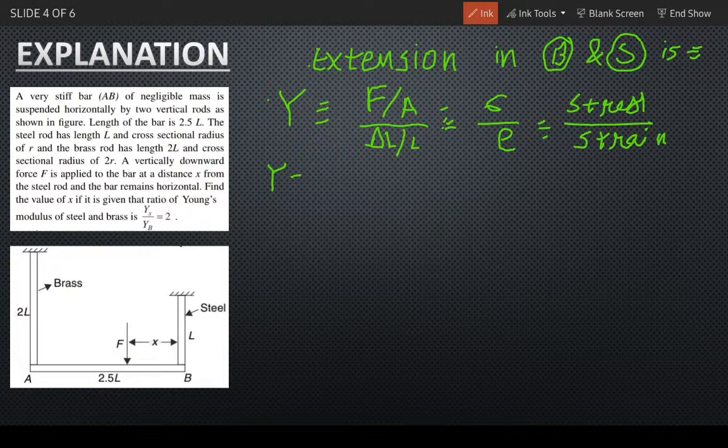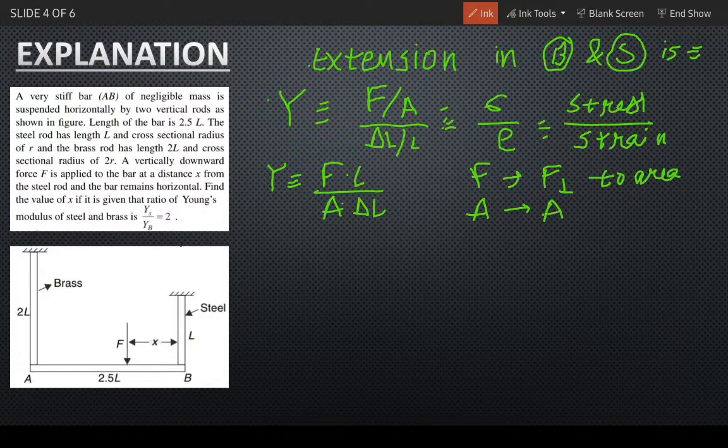From here we can see that Y equals FL upon A del L. Here F is the force perpendicular to the area, A is the area of cross section, L is the original length, and del L is the extension.